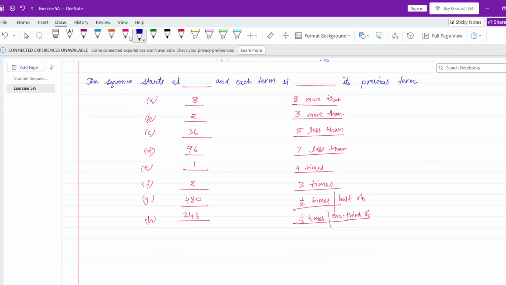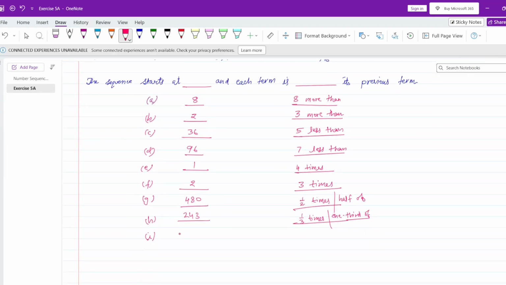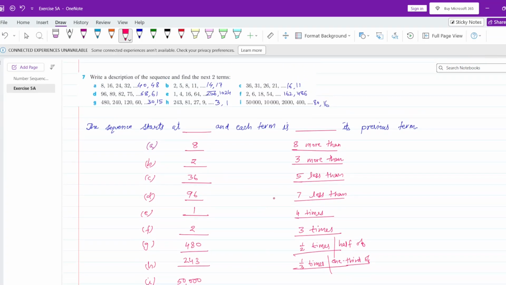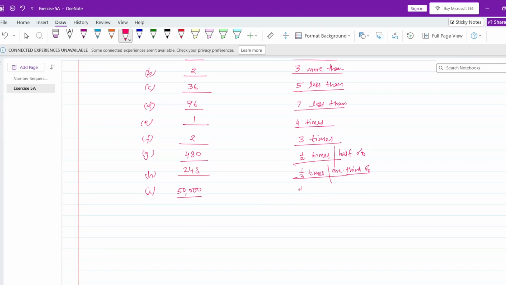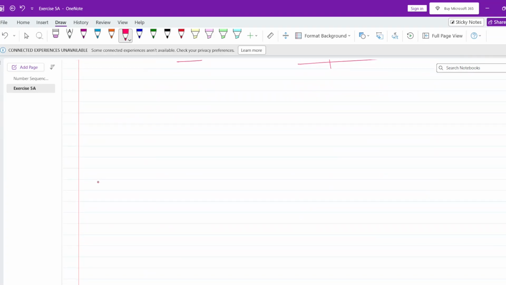So we can say the sequence starts at 50,000 and each term is 1 by 5 times its previous term, or we can say each term is 1/5 of its previous term. Let's go to the next question.